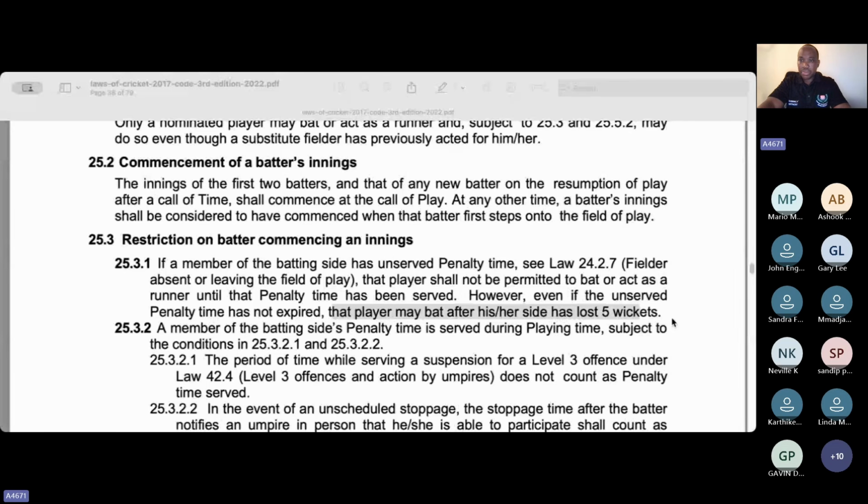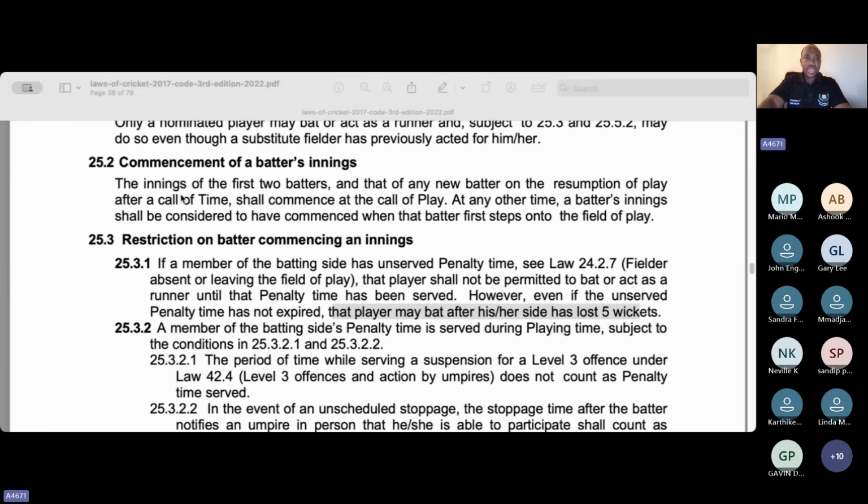C. What is the procedure to be followed if there is a protracted delay in a new batter coming to the wicket after the fall of the 8th wicket? We will come to that in law 40, timed out, and that would be for the fall of any wicket, not just the 8th wicket.